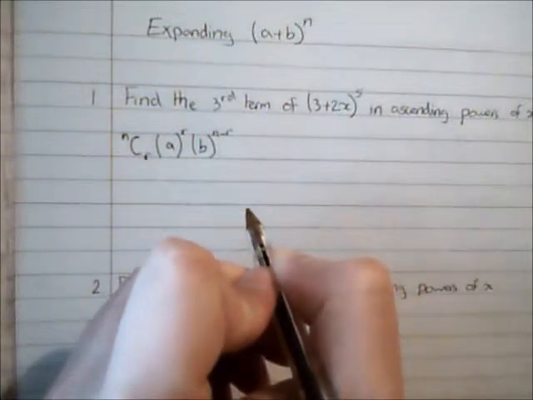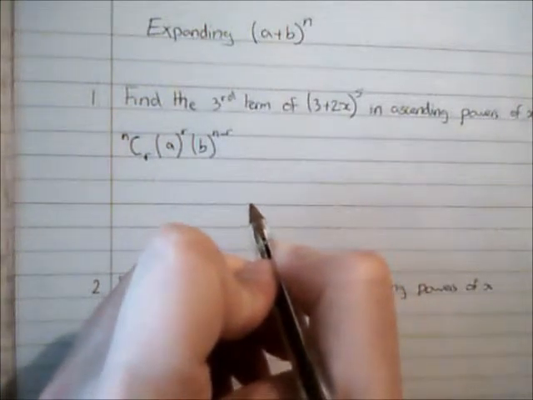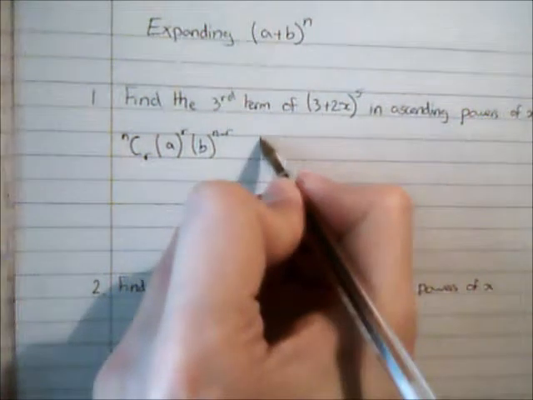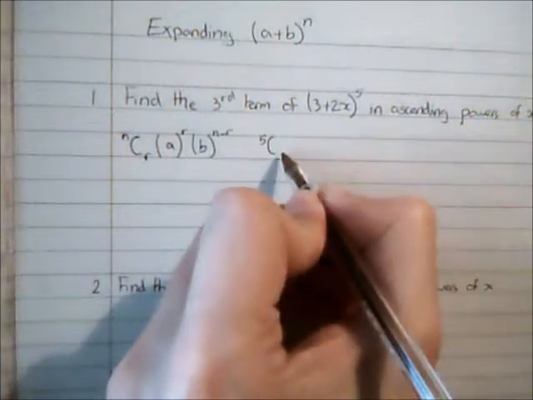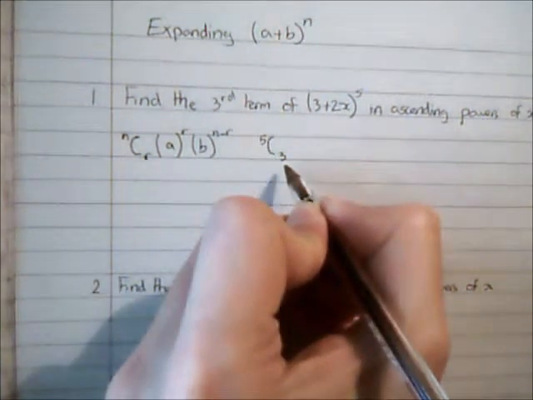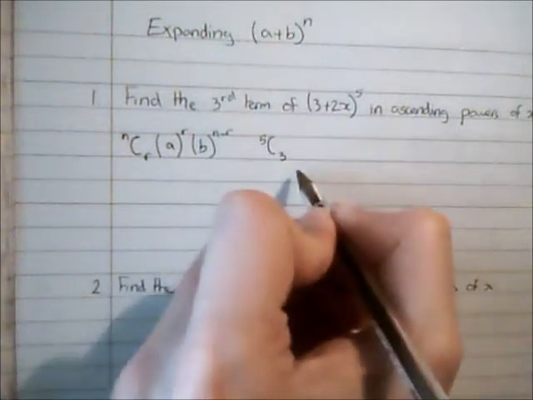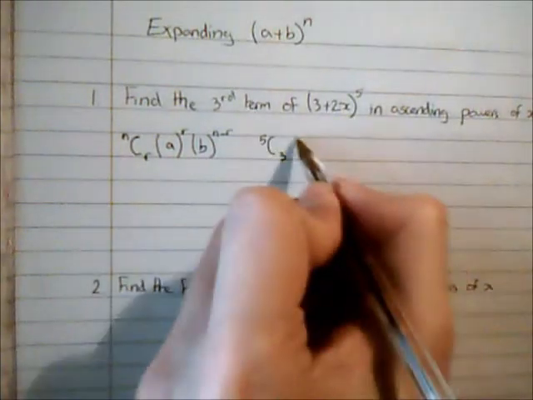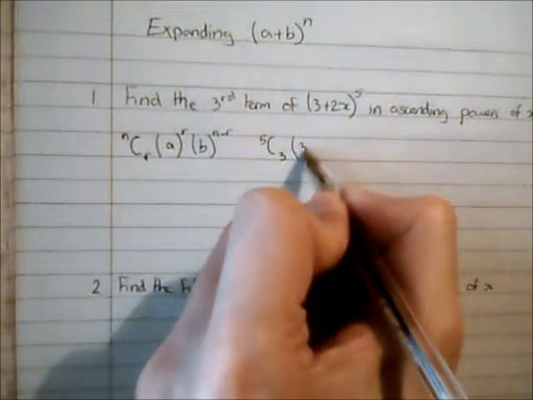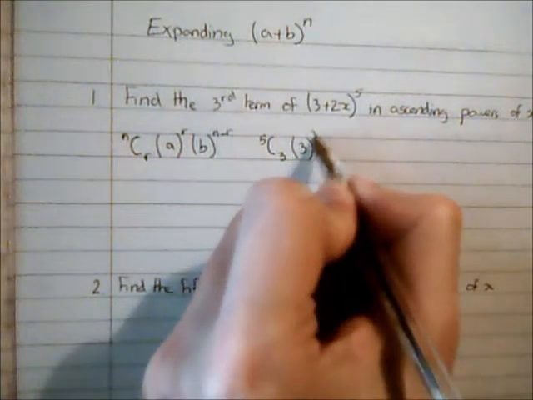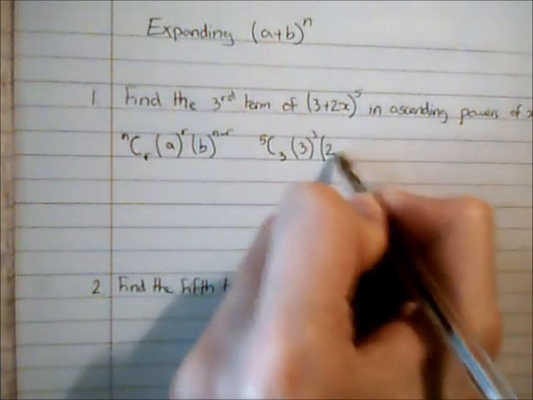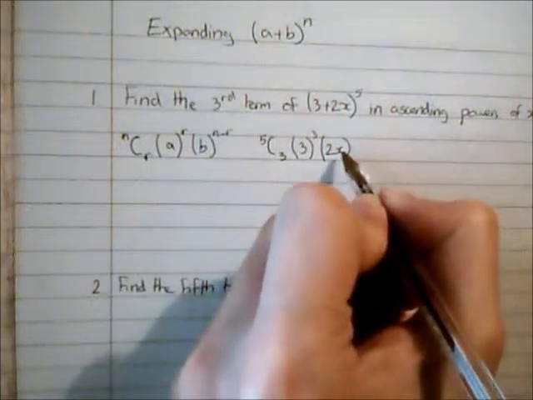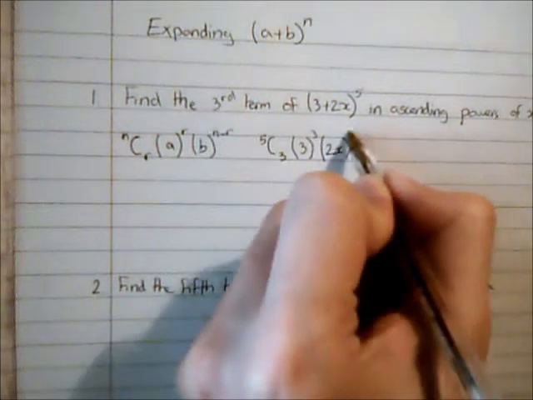So how do I put this into practice? Well, in this particular case I am selecting 3 items from a selection of 5, and I'm going to select the 3 three times and the 2x n minus r times. So 5 subtract 3 is 2, so 2 times.